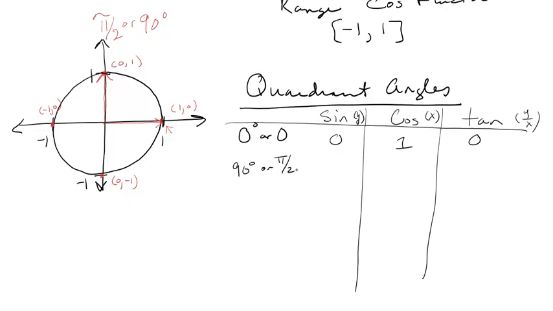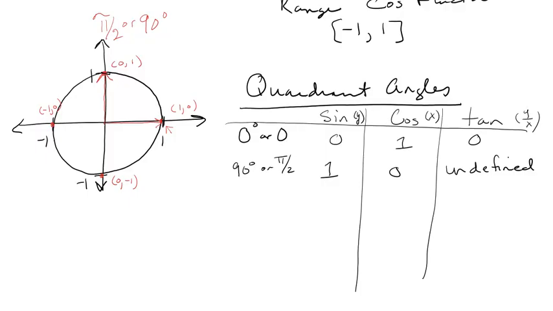Sine is y, well that's 1. Cosine is 0. Tangent, 1 divided by 0. That is what we call undefined. The tan is actually undefined at 90 degrees. We get into the graphs next semester, at the end of this unit. Hopefully you'll remember from Pre-Calc 1 what happens when a graph is undefined. We have something called an asymptote.